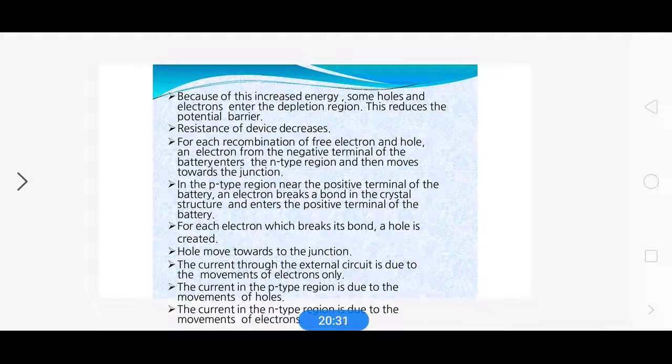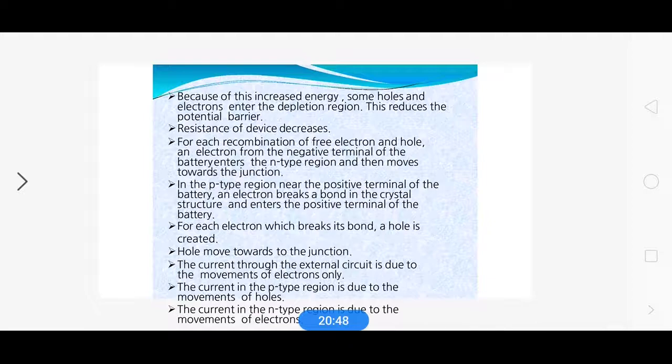So this completes one total circuit. For each electron which breaks its bond, a hole is created, and that hole in the P region moves towards the junction.